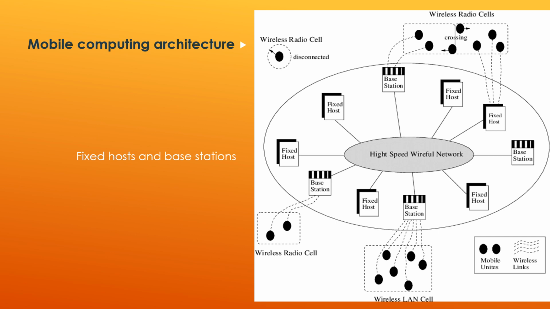Fixed hosts are generally general-purpose computers that are not typically equipped to manage mobile units but can be configured to do so. Base stations function as gateways to the fixed network for the mobile units. They are equipped with wireless interfaces and offer network access services, of which mobile units are clients.